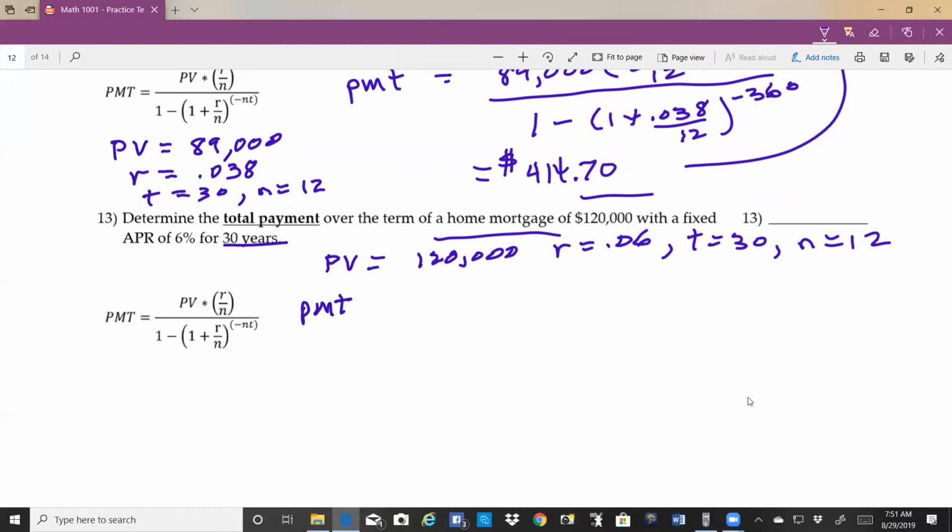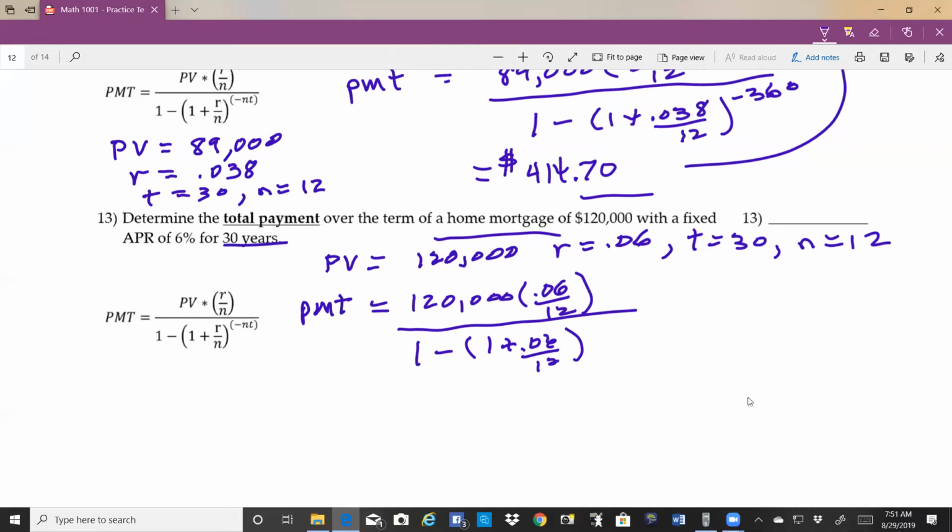one of the 360 payments you're going to make, is $120,000 times 0.06 divided by 12, divided by 1 minus 1 plus 0.06 divided by 12 to the minus 360.